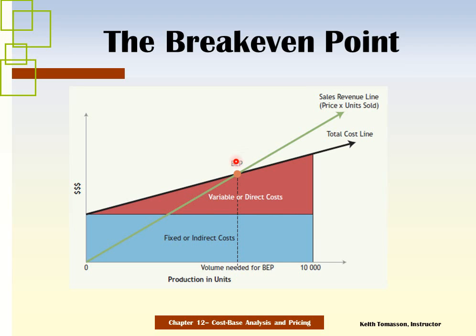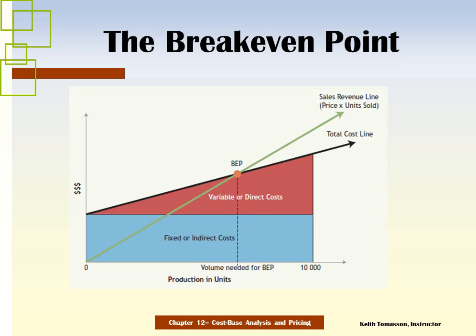At this point, we have our sales revenue, which is the green line, exactly equaling the total cost, so the total fixed and variable cost. So at this point, we have reached the break-even point. So at the break-even point, we do not have any profits. Our total revenues equal our total costs, hence we have a profit of zero.